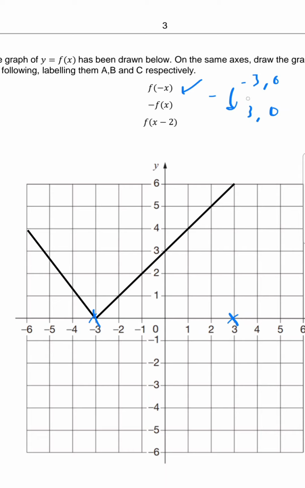Okay, let's do the next one. We've got 3, 6. So that becomes negative 3, 6. Okay, and then we have 6, minus 6, 4. Minus 6, 4 becomes 6, 4, 6.